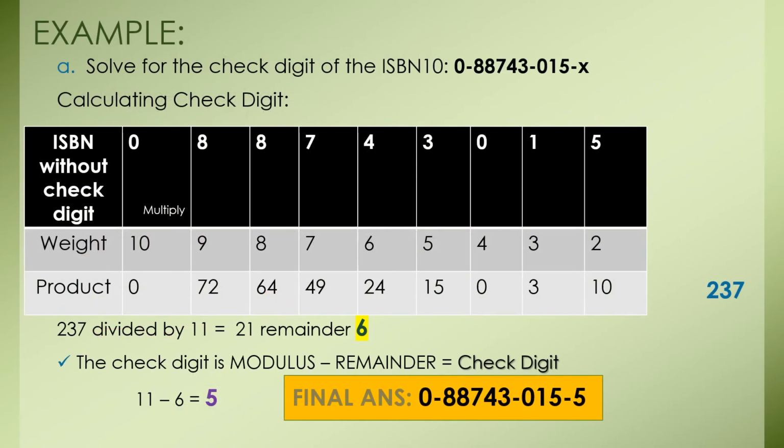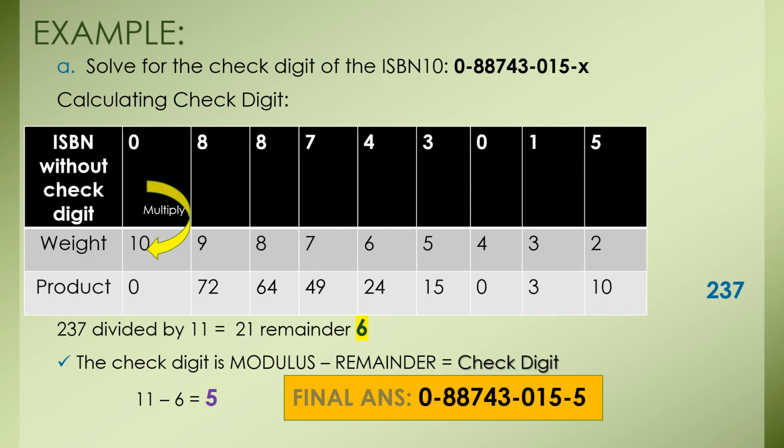So here, we're going to solve for the check digit of ISBN 10. I've presented it in a tabulated form for an easier and clearer solution. We're going to multiply the ISBN without the check digit by its weight. The weights will be 10, 9, 8, 7, 6, and so on in decreasing order.